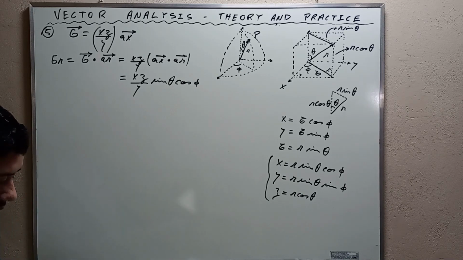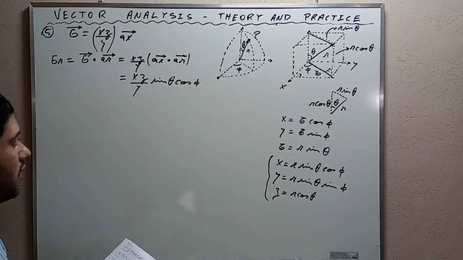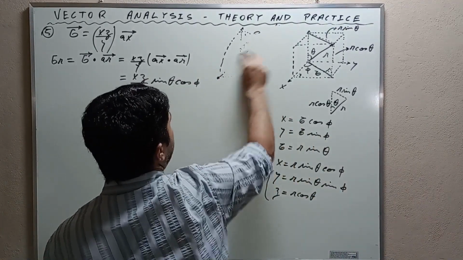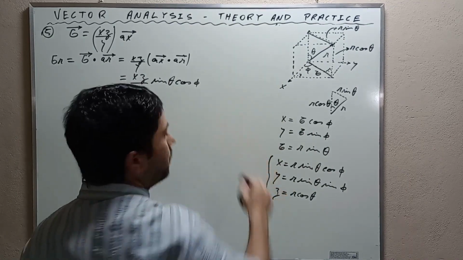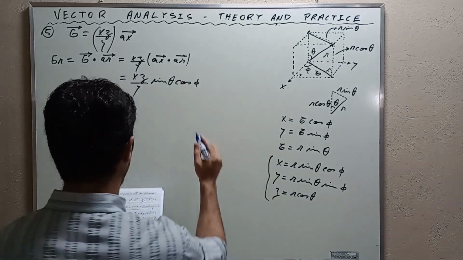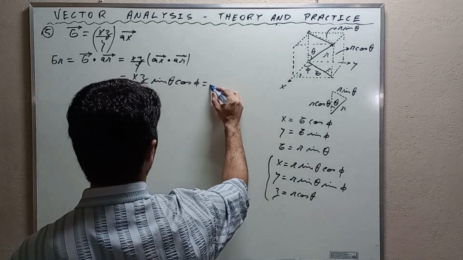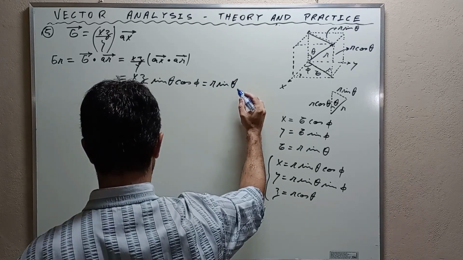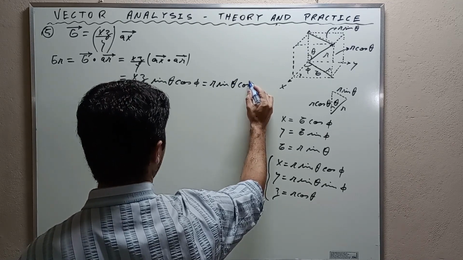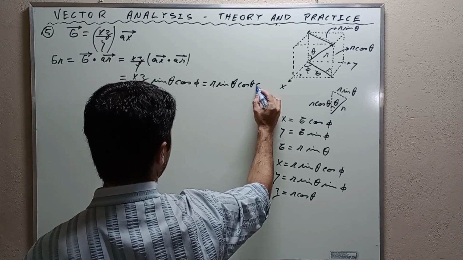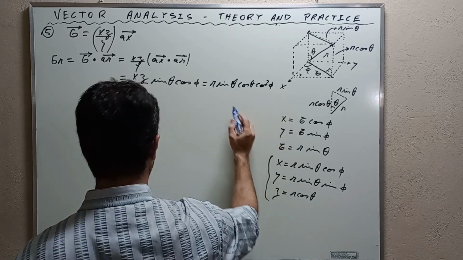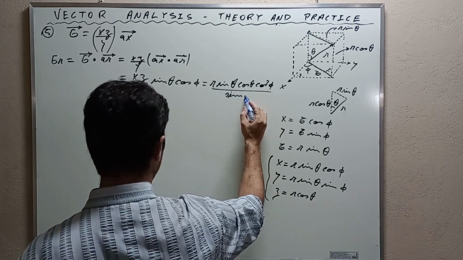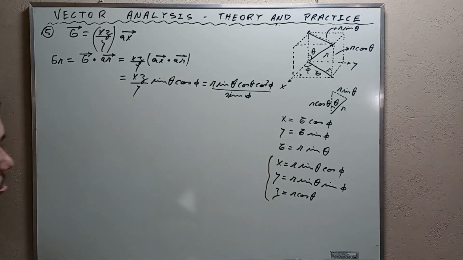And with a little bit of manipulation, we find that this is equal to r times sine theta cosine theta cosine squared of phi divided by sine phi. Okay?